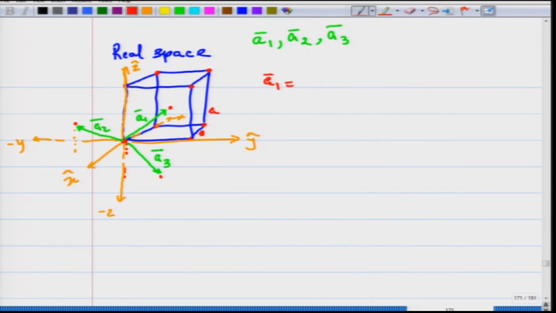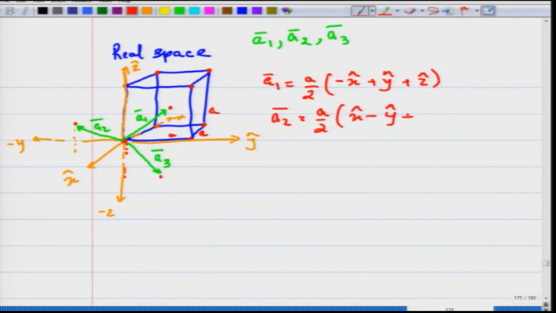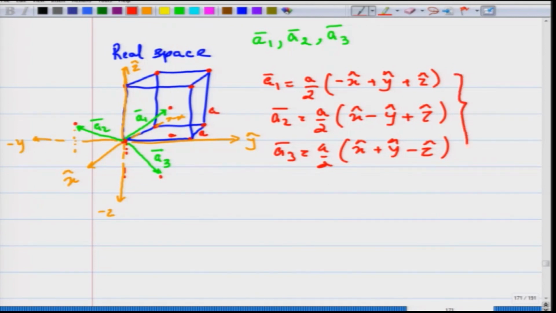If the cube has sides of length a, then a1 is a by 2 times minus x cap plus y cap plus z cap, because this point is along the minus x direction, plus y, plus z. a2 is equivalently a by 2 times x cap minus y cap plus z cap. a3 is a by 2 times x cap plus y cap minus z cap. So, these are your fundamental translation vectors for a body centered cubic lattice.